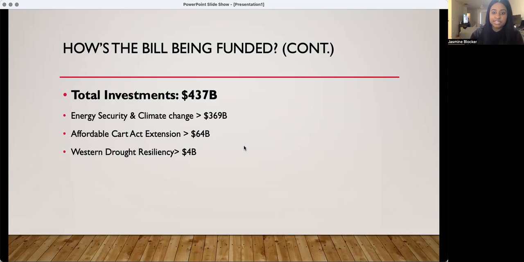The total investments that we've generated, again, and how they've been allocated. So we are going to see 369 billion being allocated to energy security and climate change. The Affordable Care Act extension is going to basically be funding all of our prescription drug cost decreases, and our Western Drought Resiliency Funding.